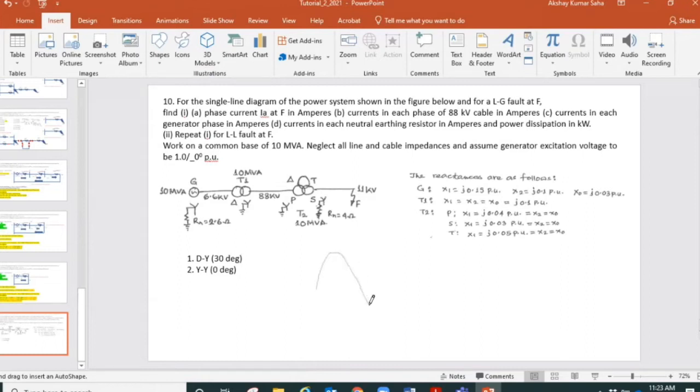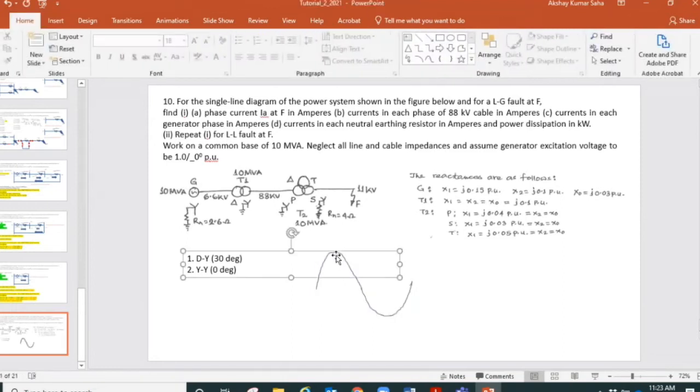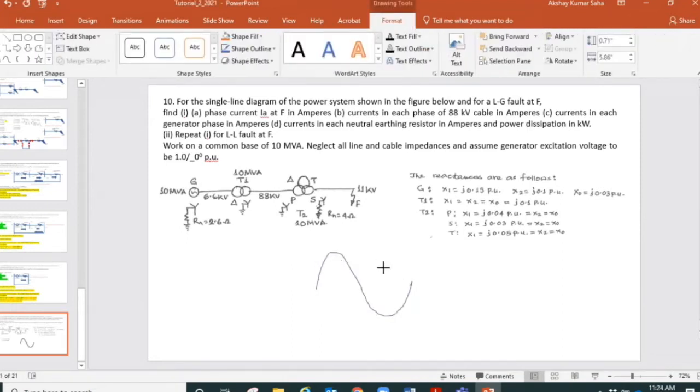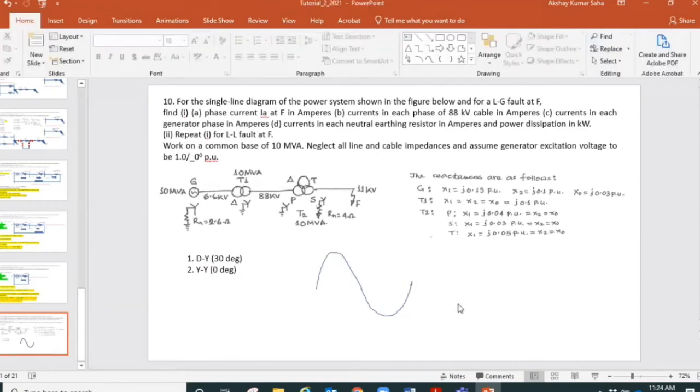So if I say this is the sine wave, forgive me, the flat top like a table mountain on this sine wave is not right. It has to be a sine wave.